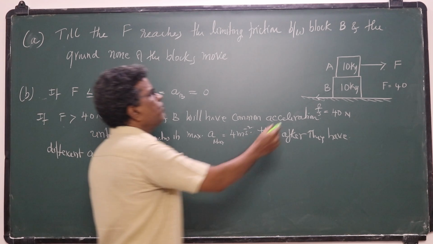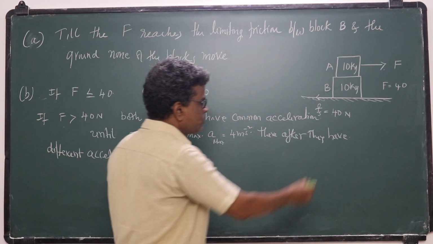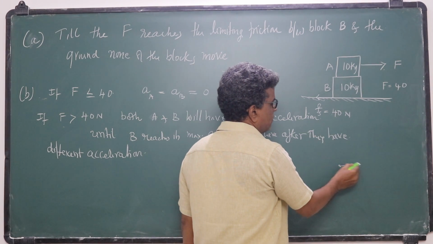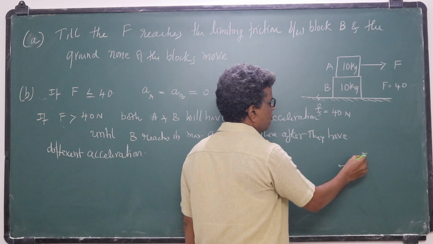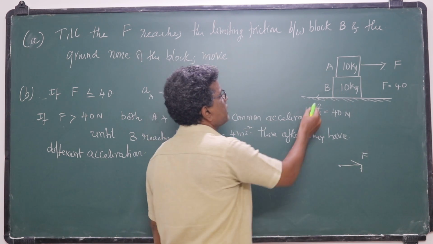So when F is greater than or equal to 40, you treat these two as a single body, and the force applied is F. Once this block starts moving, kinetic frictional force acts.